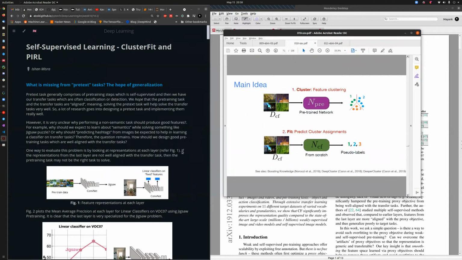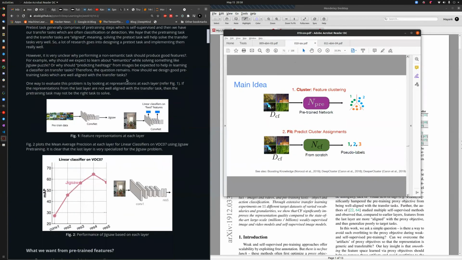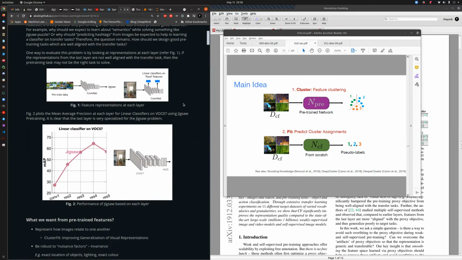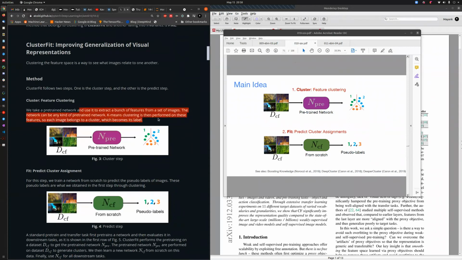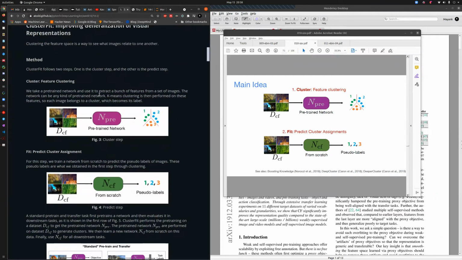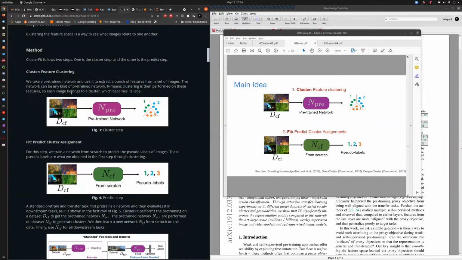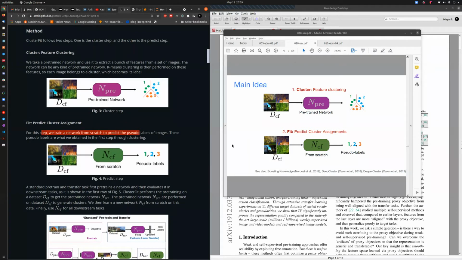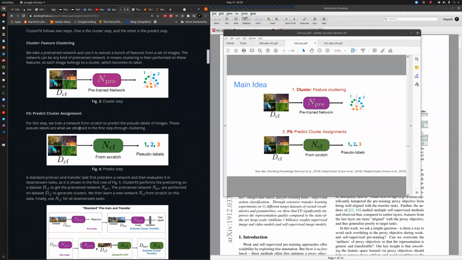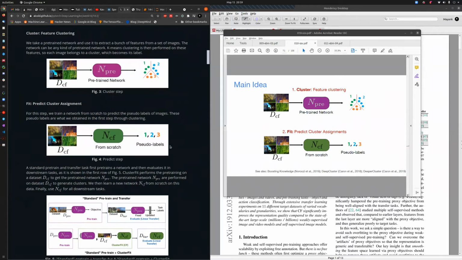If I go quickly to the research paper, this is with respect to this. We have discussed this. We are here: feature clustering, pre-trained networks, and clustering for performing the features, which become labels. And the second step was to predict the pseudo labels of the images, which are obtained in the first step through clustering.